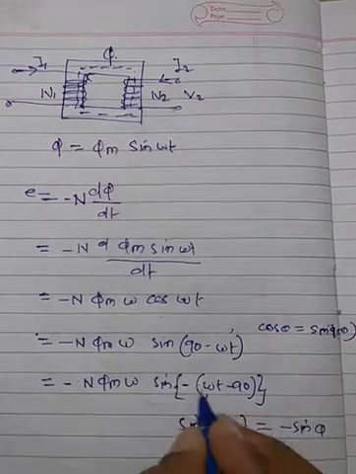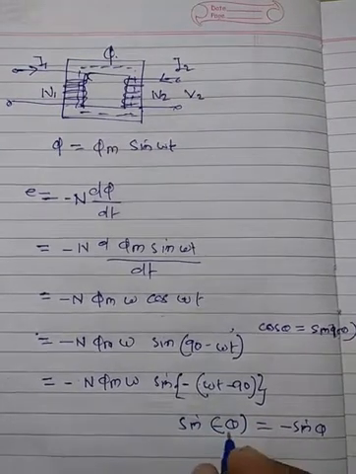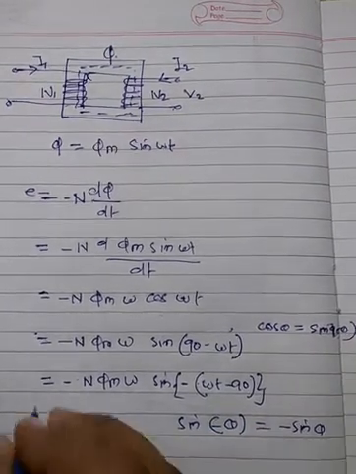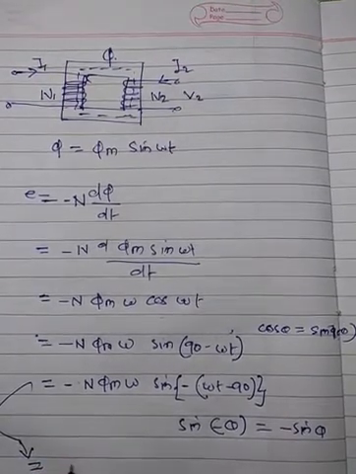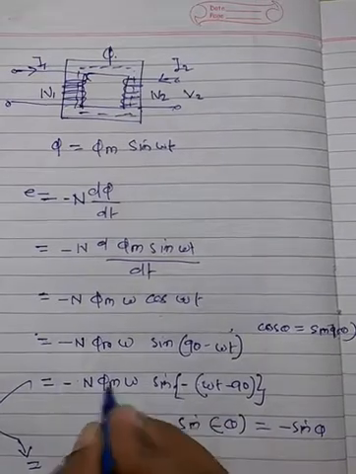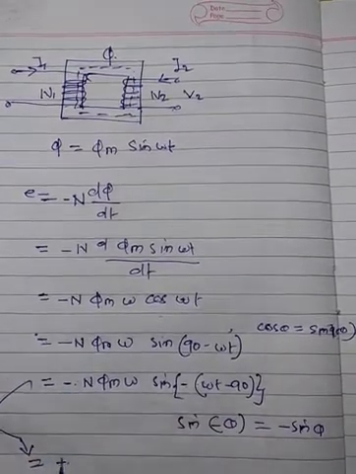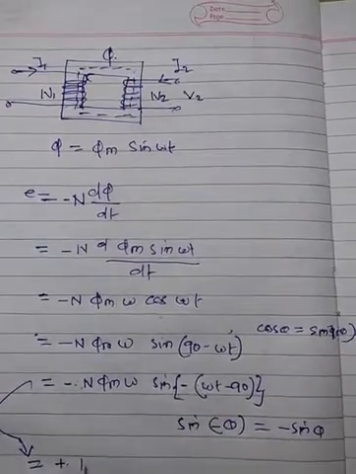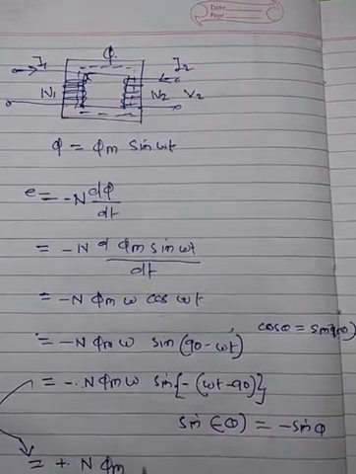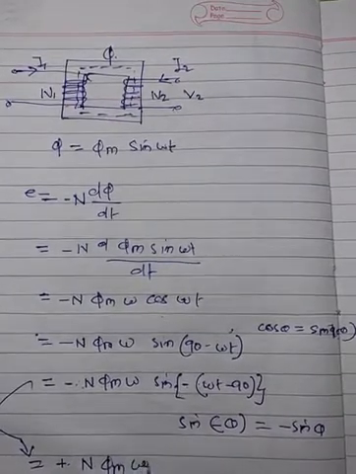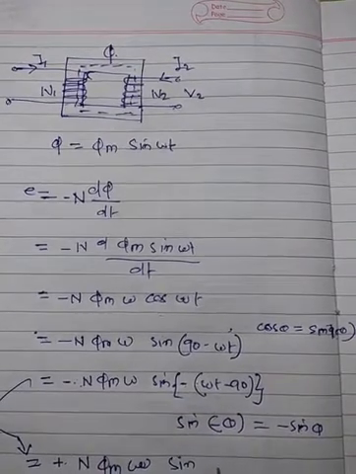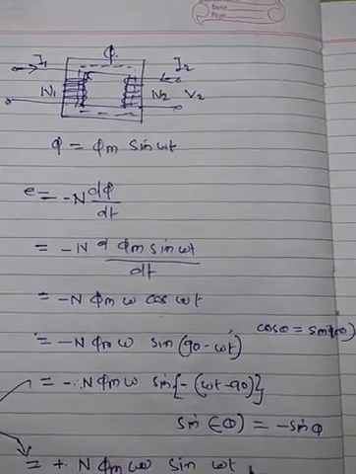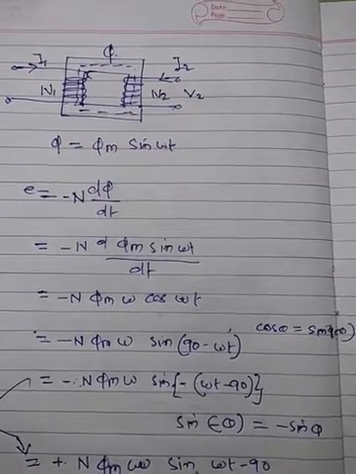This is the formula. With this formula, in the above equation, this minus is taken outside, then it becomes plus N phi m omega sin of omega t minus 90.